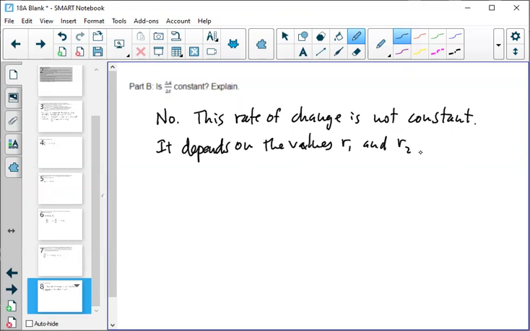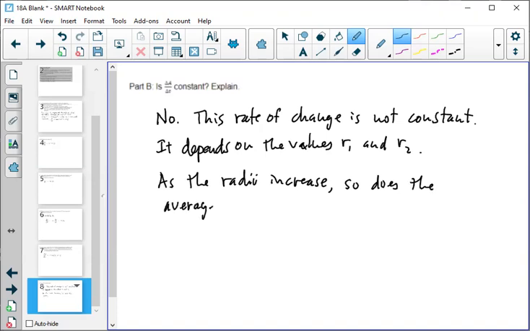So as the radii increase, so does the average rate of change. Let me just write that here as the radii increase, the average rate of change.